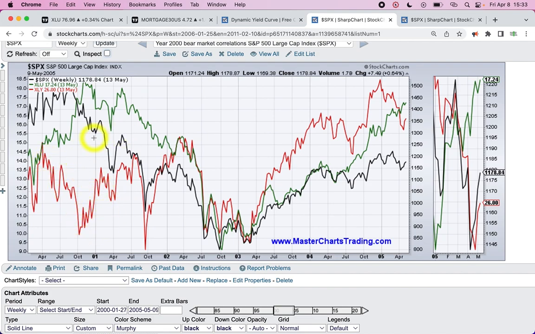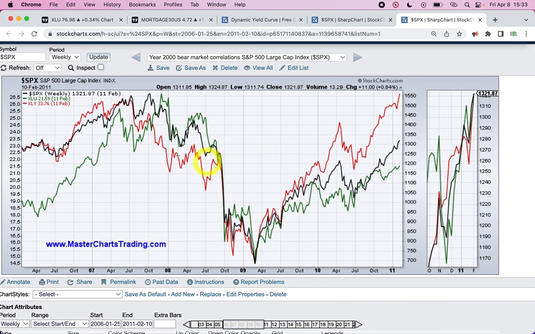But the most important thing I wanted to show you is that you cannot hide in utilities. You can see that utilities, together with S&P 500, together with the consumer discretionary, all got sold from year 2000 into year 2002, where it bottomed finally in October. And then all of them started to rise again. This is called correlation. They tend to move together in lockstep.